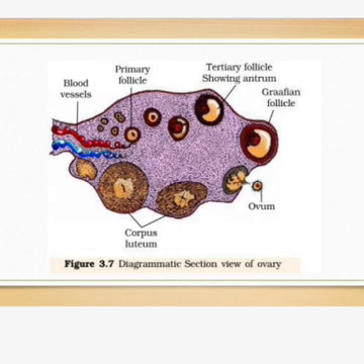These cells divide mitotically to form clusters called egg nests, and some of these cells in the egg nest undergo meiosis 1, but it is arrested at the meiosis 1 stage only, and these cells are known by the name of primary oocyte. These primary oocytes, when they are surrounded by granulosa cells, are known as primary follicle.